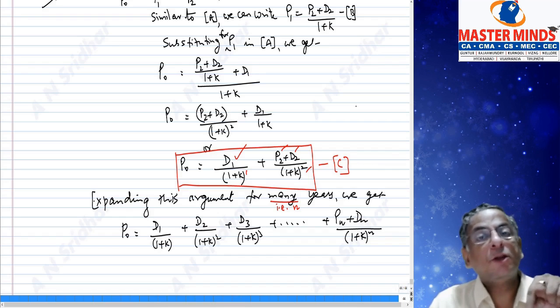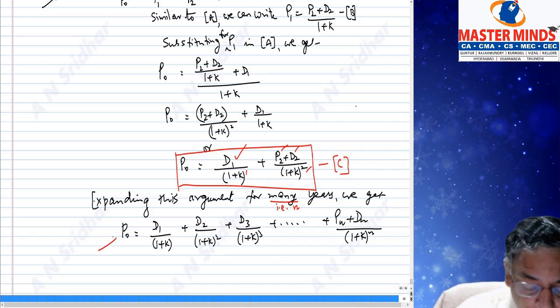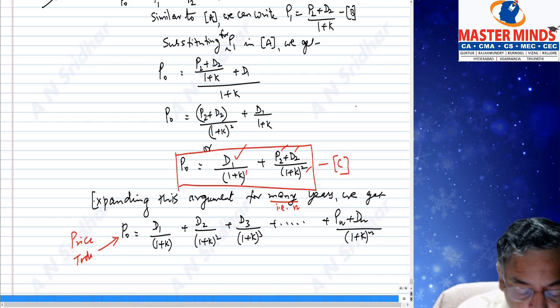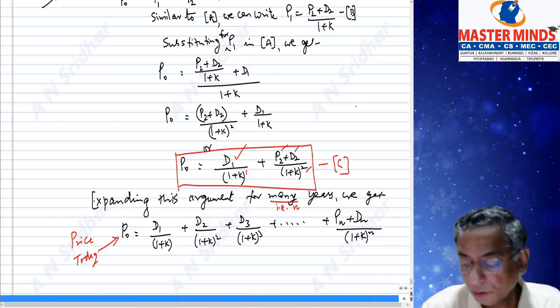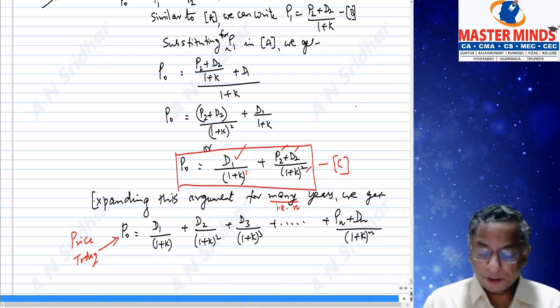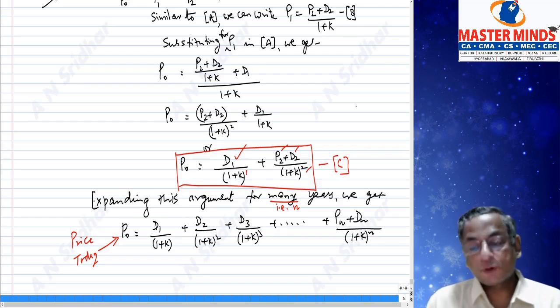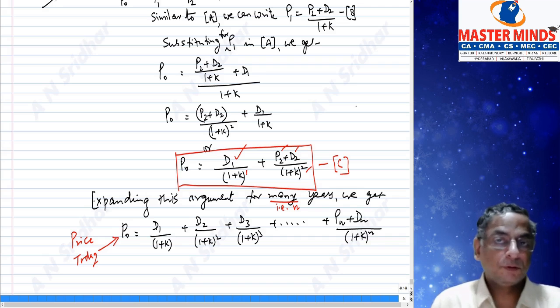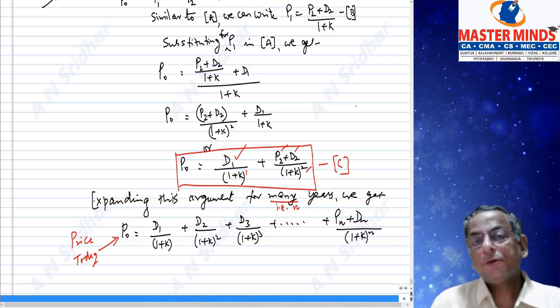P0 I want to find. P0 is price today. D1 upon 1 plus k, plus D2 upon 1 plus k square, D3 upon 1 plus k cube, and so on. Now, suppose I am going to hold the shares forever.